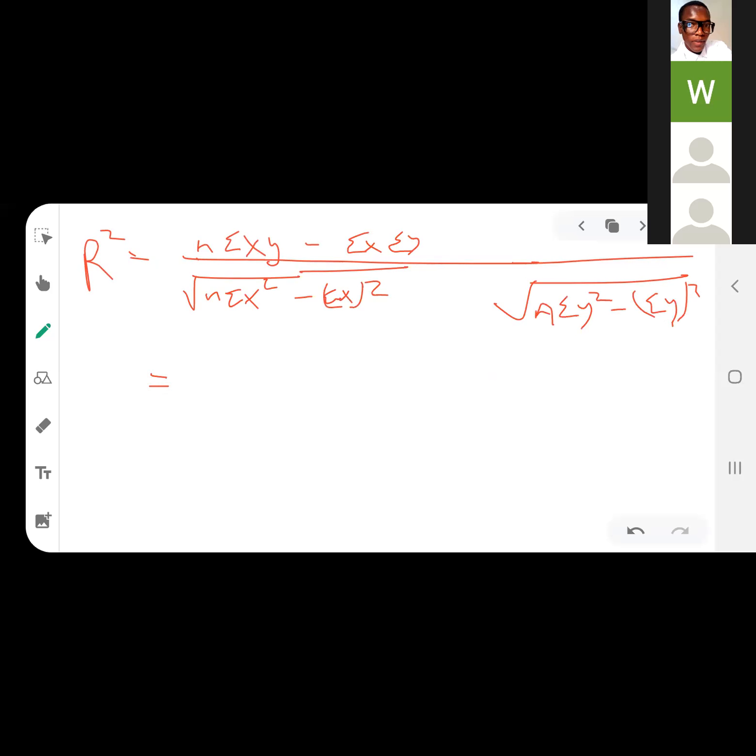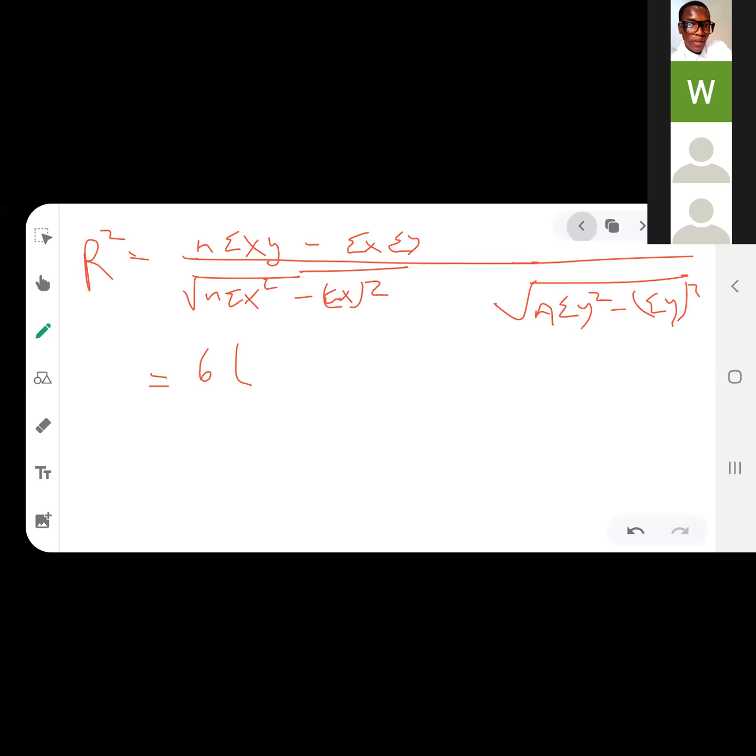Let's substitute. The value of n is 6. The value of the sum of xy, shift 1, 3, and then you press option 5.